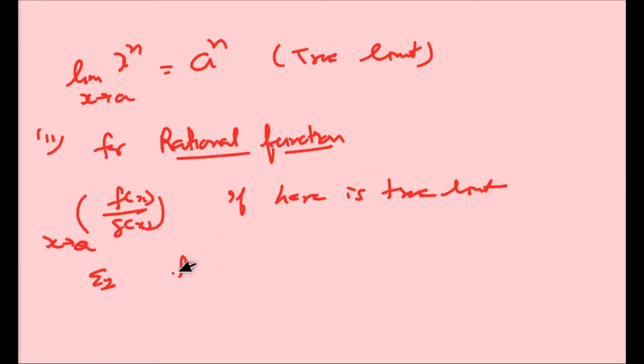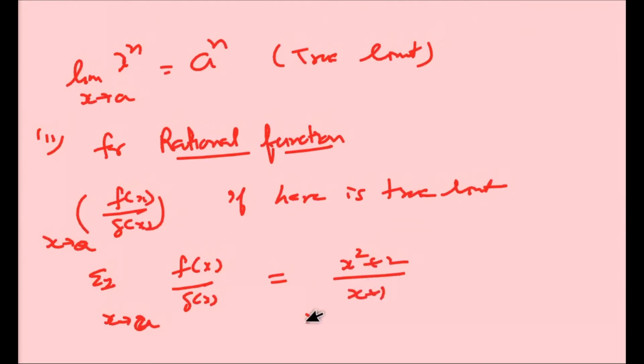Example: f(x) upon g(x), x tends towards a. Let the question be x square plus 2 upon x plus 1, x tends towards 2. We can take it directly, putting this value, x square plus 2, x tends towards 2, as the quotient law, upon x plus 1, x tends towards 2.